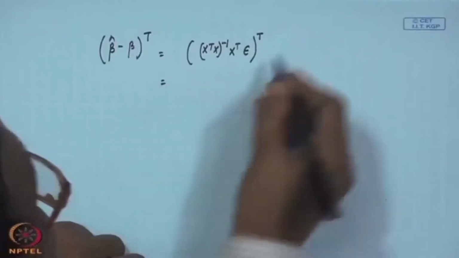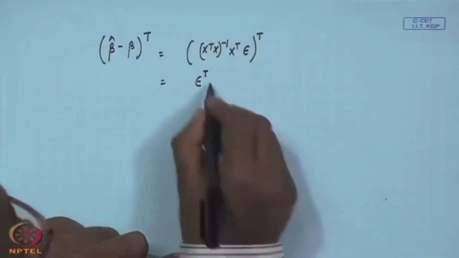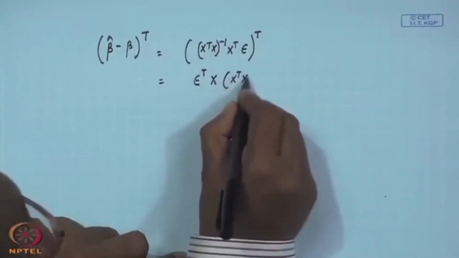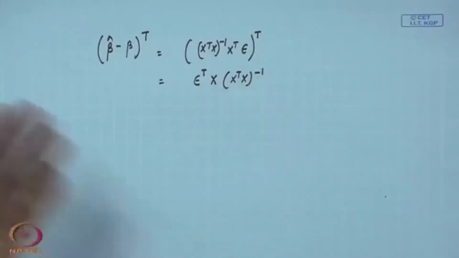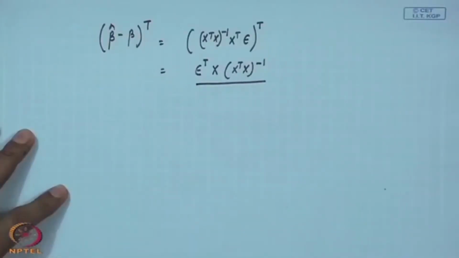It will reverse the way: epsilon transpose, then x will come, then x transpose x inverse, which remains the same because of the symmetric matrix. So this is the quantity now.